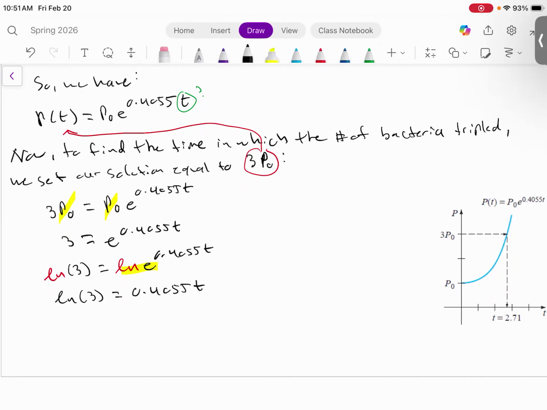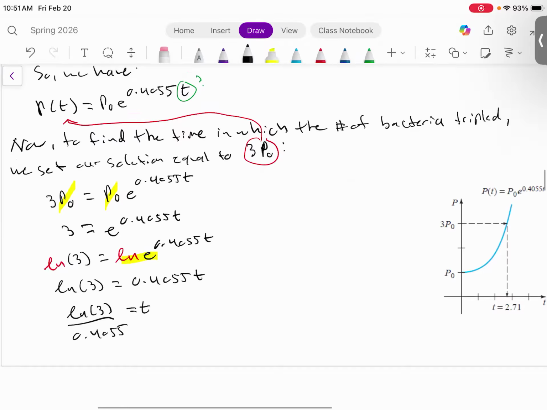We divide 0.4055 over. If you put this in our calculator, natural log of 3 divided by 0.4055, we get approximately 2.7 hours. Okay, and that's our answer.